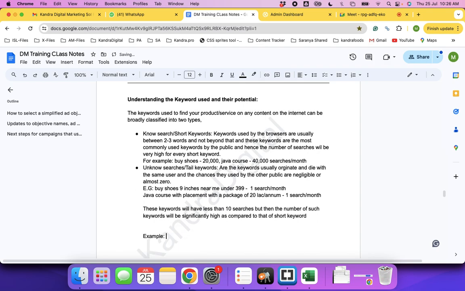Example, for your business, are you all getting this? The number of short keywords are only 5,000 and the search volume of the same is 5 million. Okay.